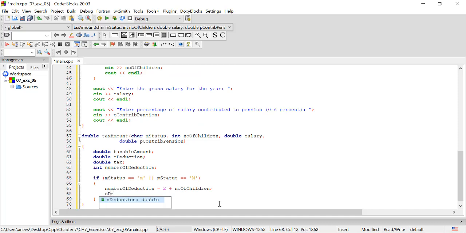Now sDeduction is equal to marriedDeduction.